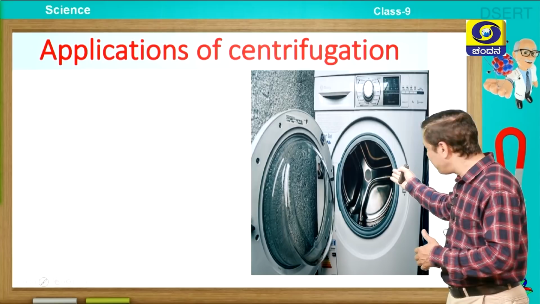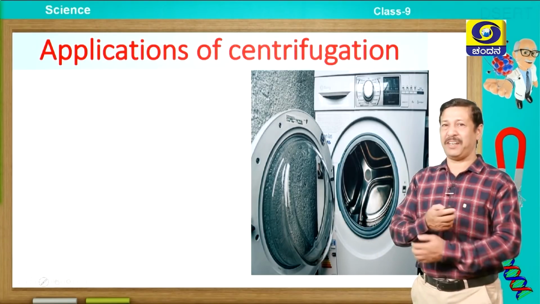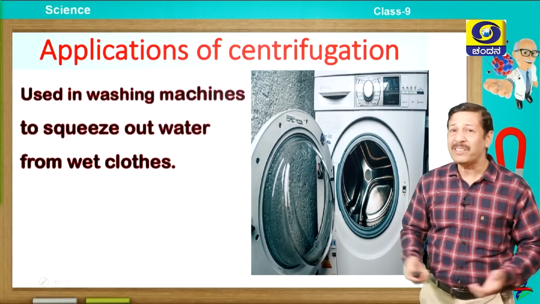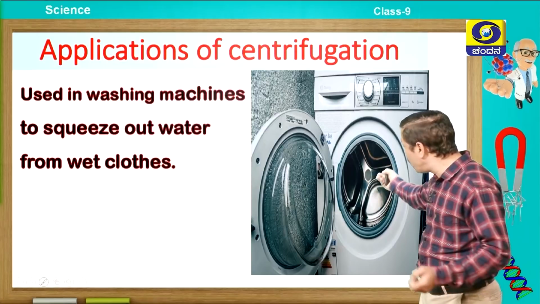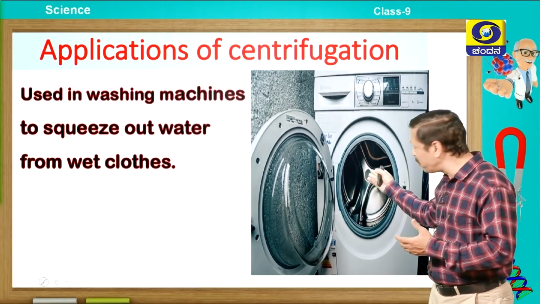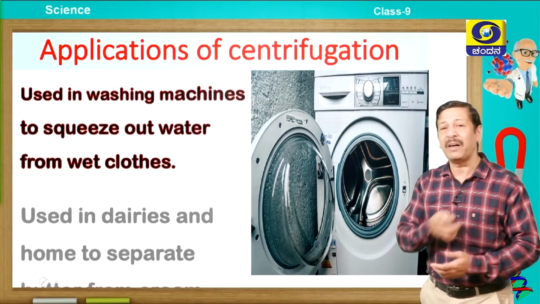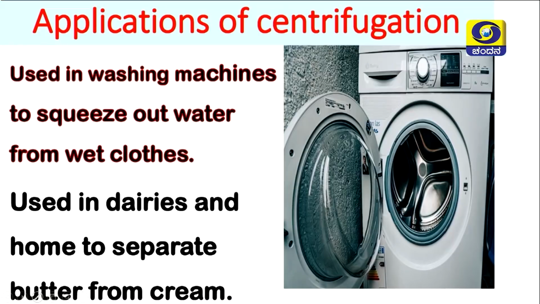What is this? Yes, you know, this is a washing machine. Then what is done? We are using the washing machine to squeeze out the water from the cloth. So it is very familiar to you. You can easily remember. Not only this much, it is used in dairies and also at home to separate the butter from the cream.